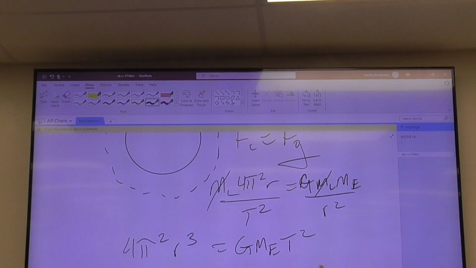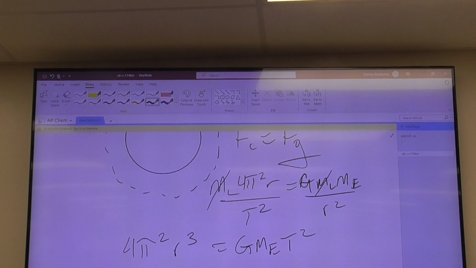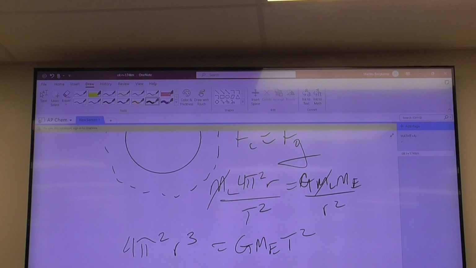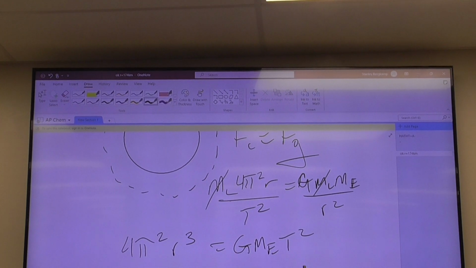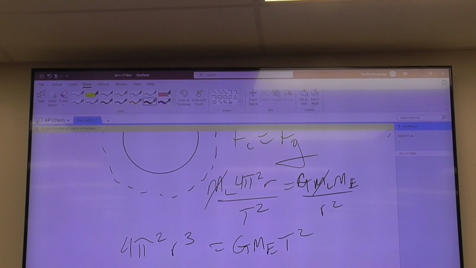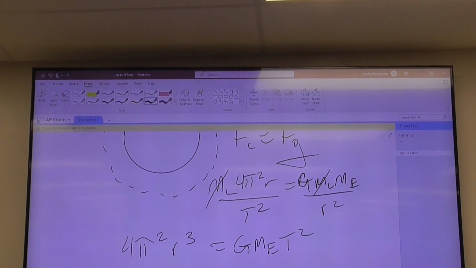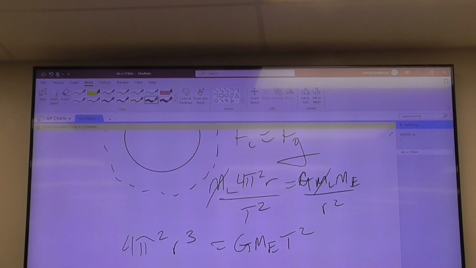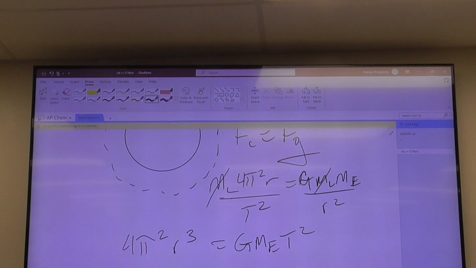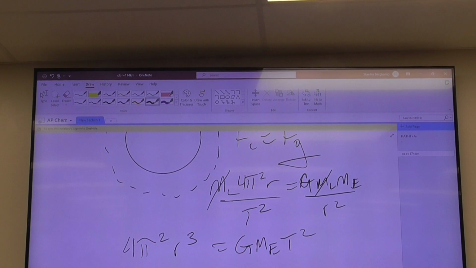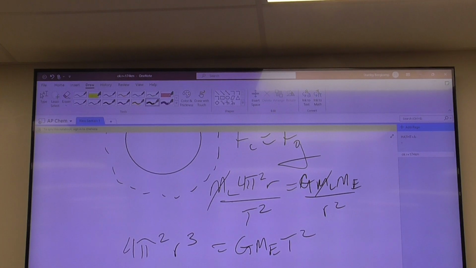Geosynchronous orbits have an orbital period of 24 hours. So what that means is that if we wanted Luke to always be above us, we would park Luke in an orbit where the period of Luke's orbit is 24 hours. So the Earth spins once on its axis, Luke would go around 24 hours. So he would always be above the same point on the Earth all the time.